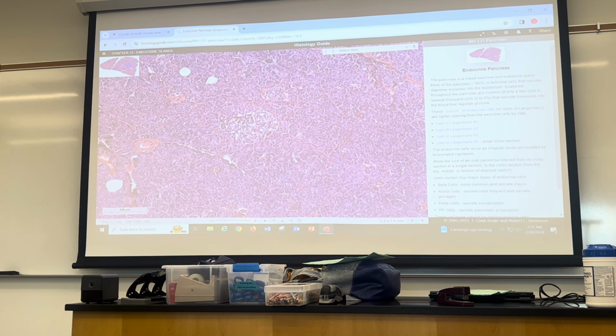Sometimes I will pick a picture that's more obvious than this, because I like to have the islets emphasized, and in that case, usually this is redder, or purpler, and then this is white, or lighter looking. But the islets have what in them? Alpha and beta cells and delta cells. Okay, alpha, beta, and delta cells, which are also generally called pancreatic endocrine cells, which secrete into what?